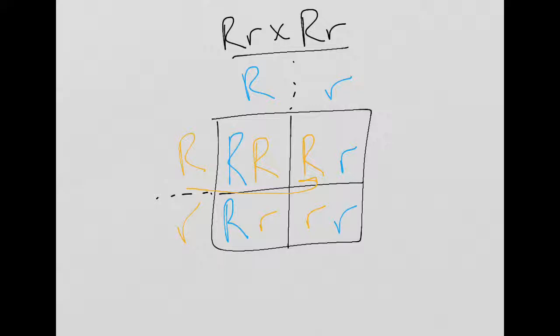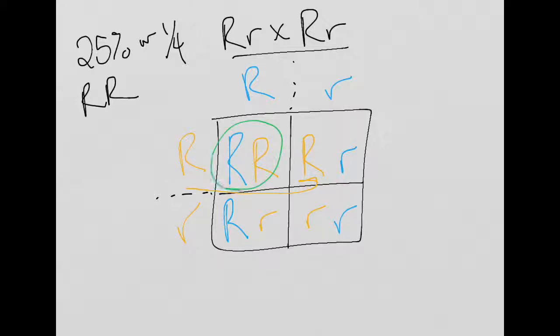Looking at genotypes, I have a lot of variability here. I have 25%, or 1 out of 4, of my offspring that are homozygous dominant, right? That's this individual. 50%, or 1 out of 2, of my offspring are heterozygous, that is these individuals.